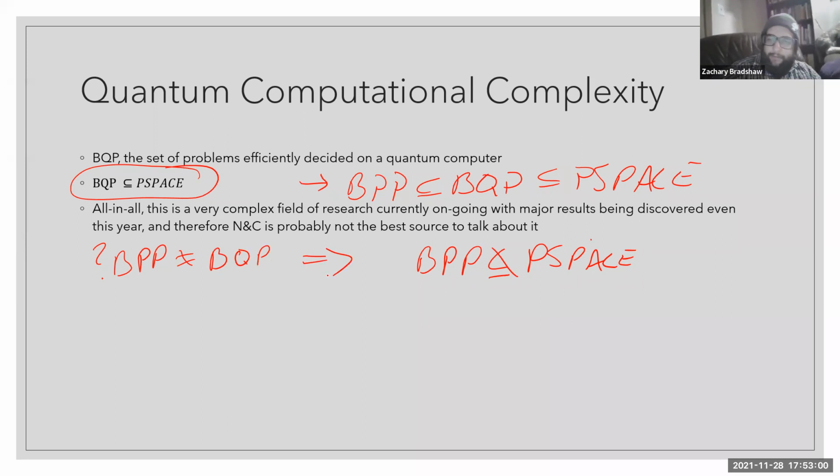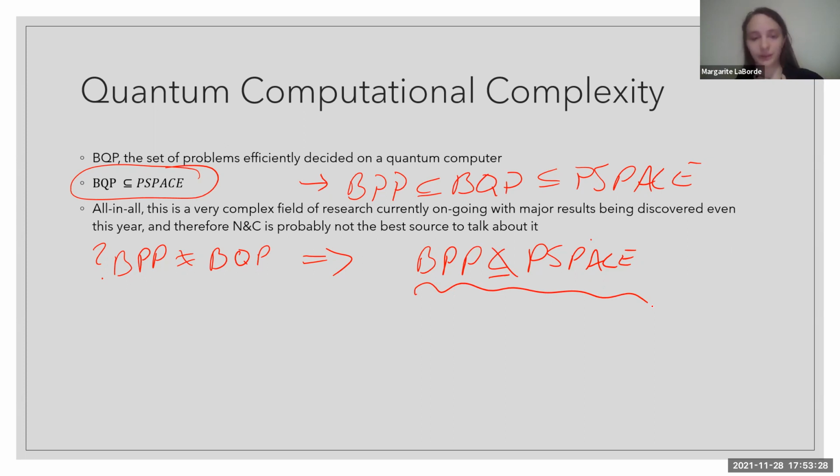So if there was a problem that you can do efficiently on quantum computers, but not on a bounded error probabilistic Turing machine, then you can say definitively that BQP is not equal to PSPACE. I don't know for certain that has not been shown yet. I feel like this statement is not very polarizing. I think almost no one expects that to be true.